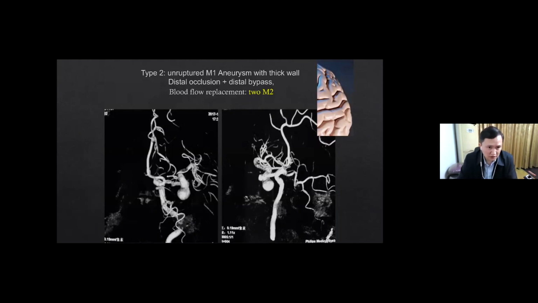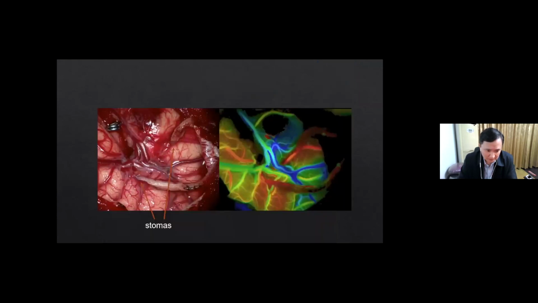So this is the second type, unruptured M1 aneurysm with thick wall. So for this kind of patient, we can consider the distal occlusion combined with the distal bypass. So the blood flow replacement should cover the 2 M2 segments. So after this double bypass, we can see the double bypass was all patent, one in the superior trunk, one in the inferior trunk of MCA.